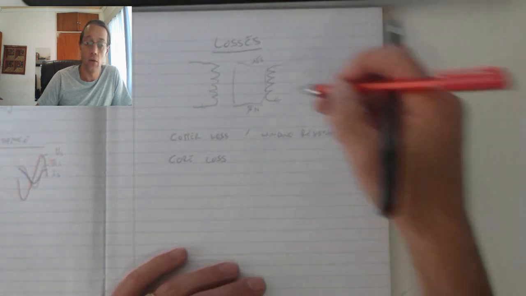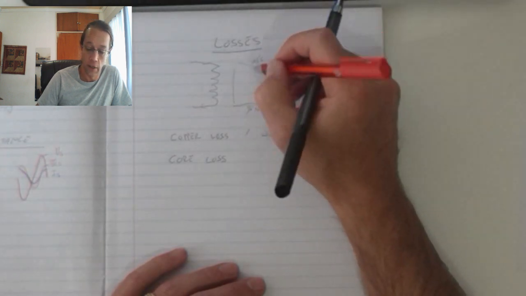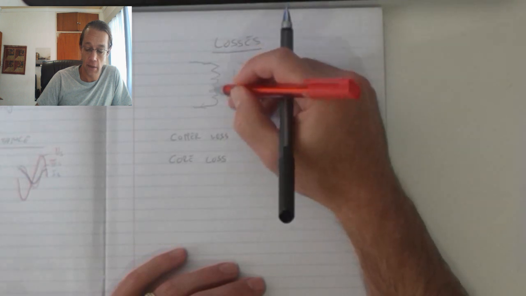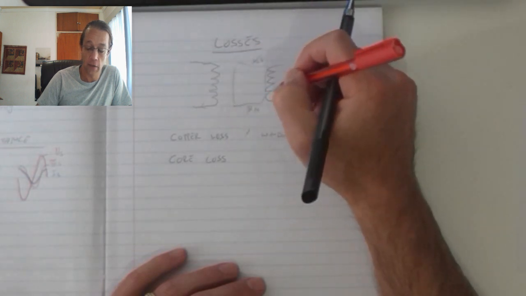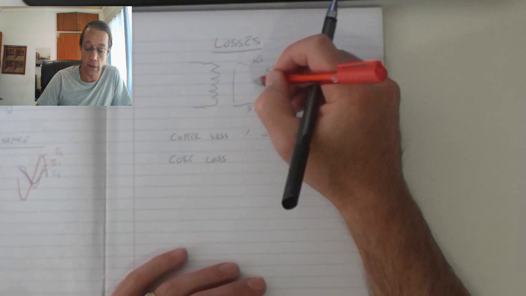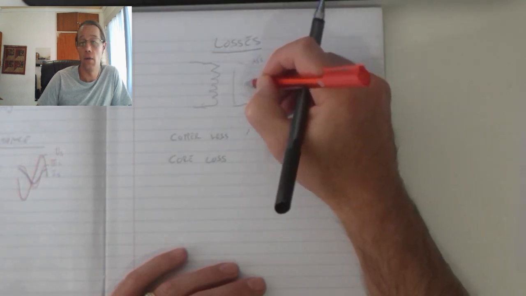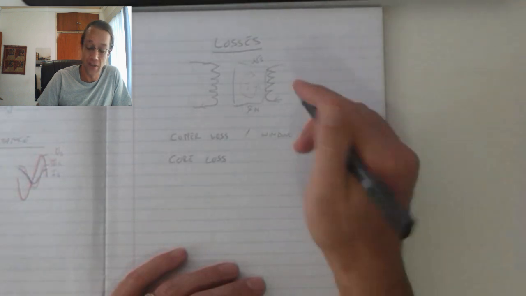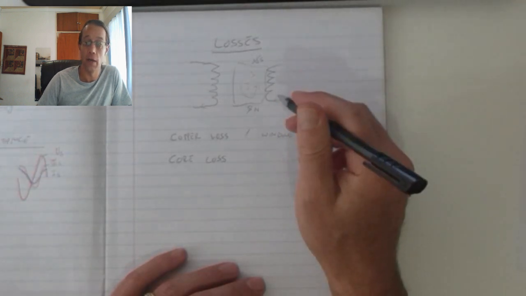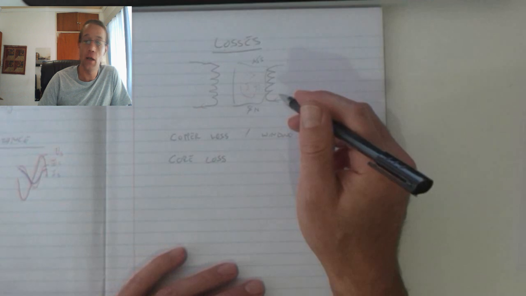Secondly, because this is a conductive material, as the magnetic field created by the primary and the secondary coils cuts through the core, it causes a current to flow inside of that core, and that core current is called eddy currents.